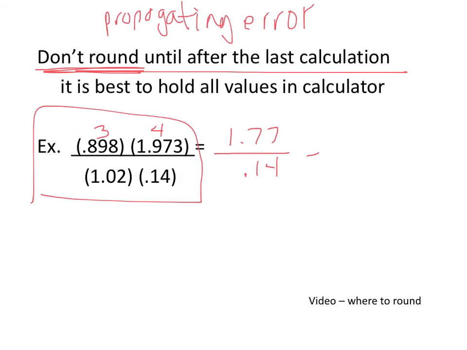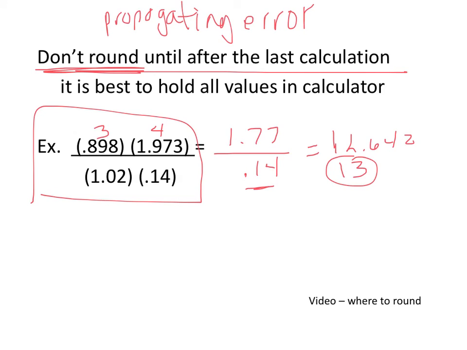And then I divide those two, and I want to report to 2 sig figs. My answer ends up being, let me see, 12.642 is what my calculator says. I want to report 2 sig figs because that's what this is. My answer becomes 13. Okay.